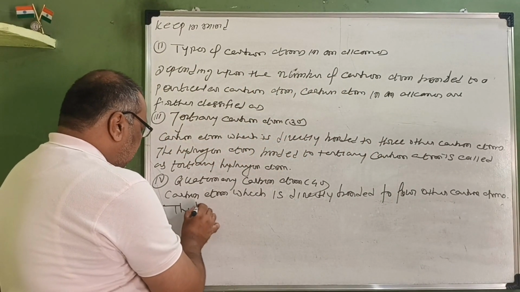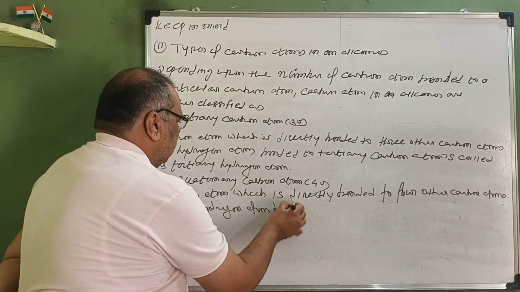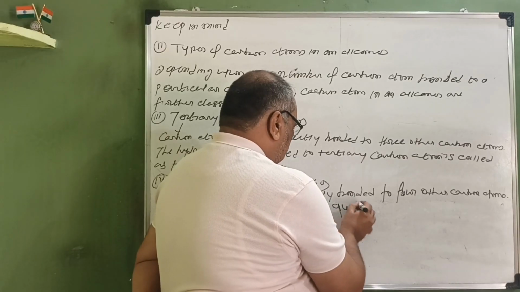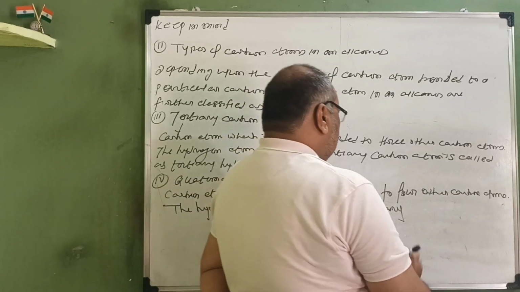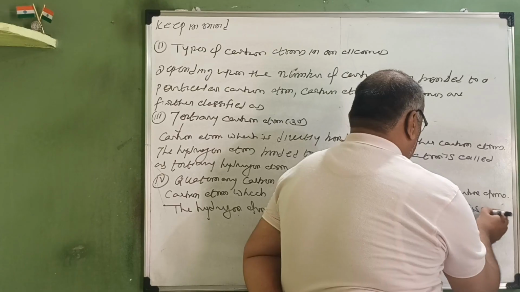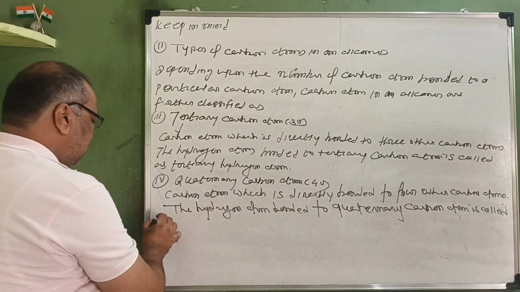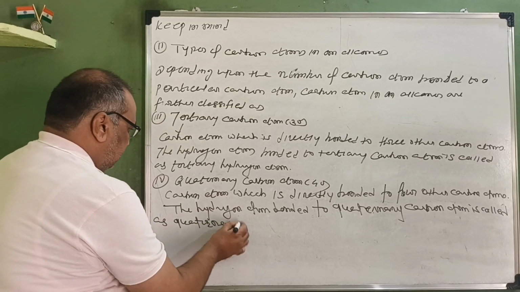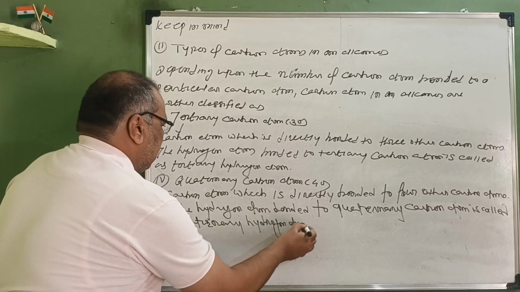The hydrogen atom bonded to quaternary carbon atom is called quaternary hydrogen atom.